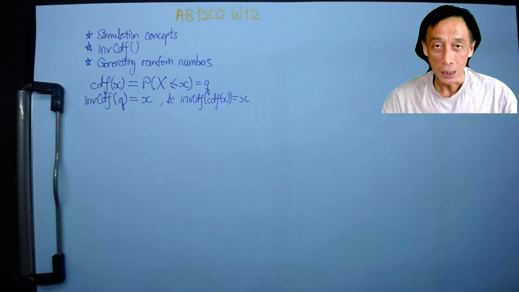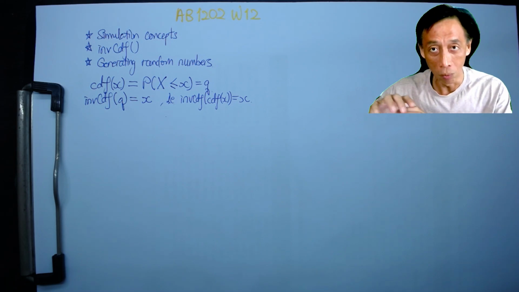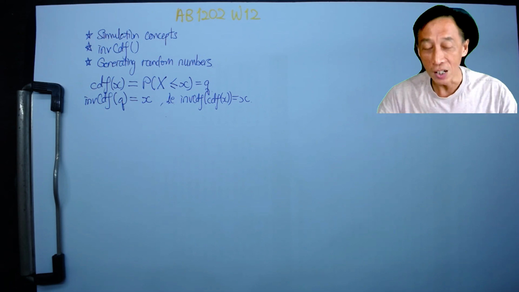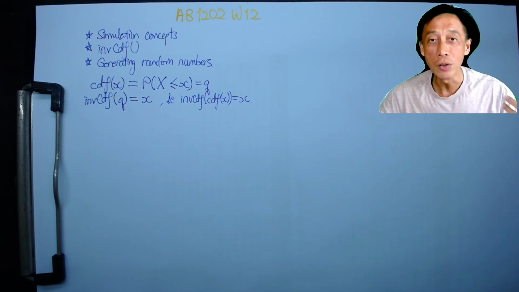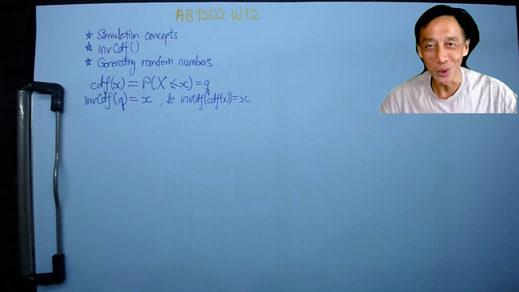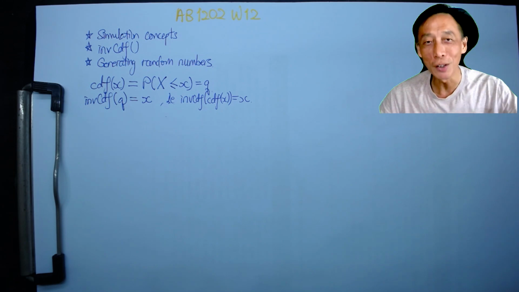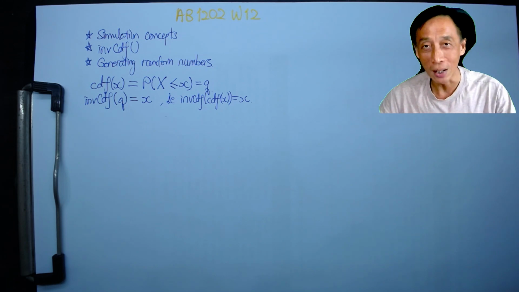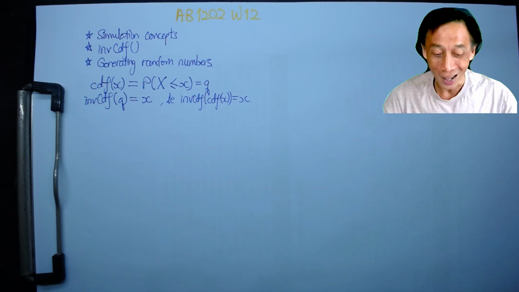If it is normal distribution, the inverse CDF function will be one functional description. If it is uniformly distributed, continuous uniform distribution, then it will be another function. So inverse CDF is just a generic term to talk about inverting from the CDF value back to the original x value.